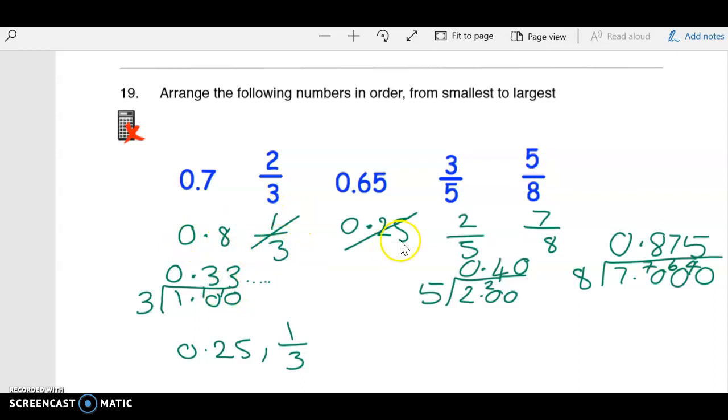So it must be these numbers that you write down. The next one is 2 over 5. Cross that out. And then between 0.8 and 0.875, this one is smaller because it's got nothing after it, whereas this has got 7 and 5 after it. So 0.8 and then finally 7 over 8.